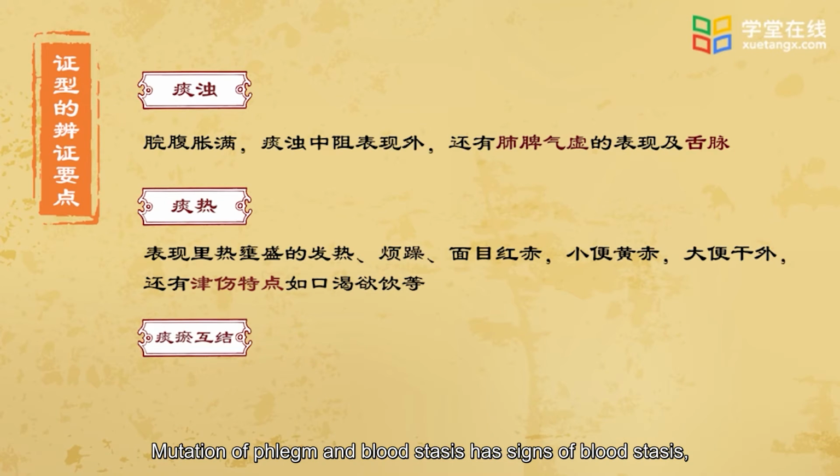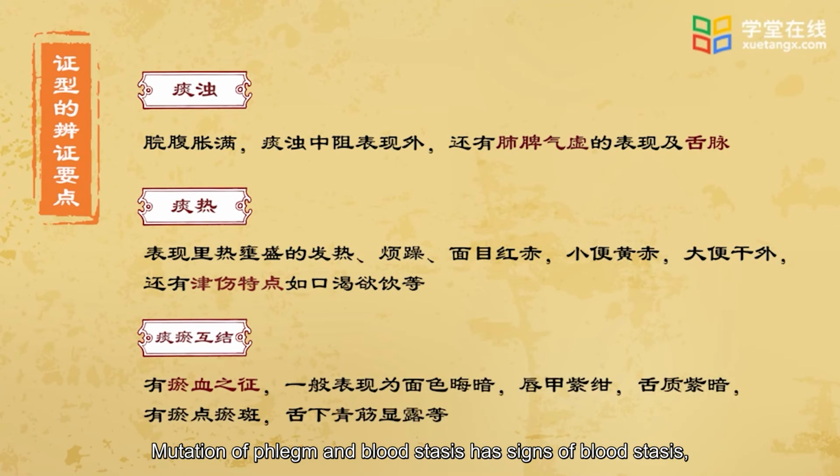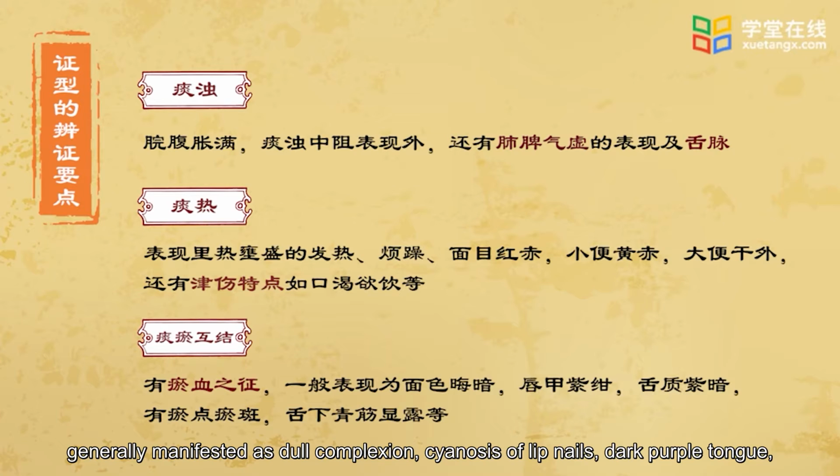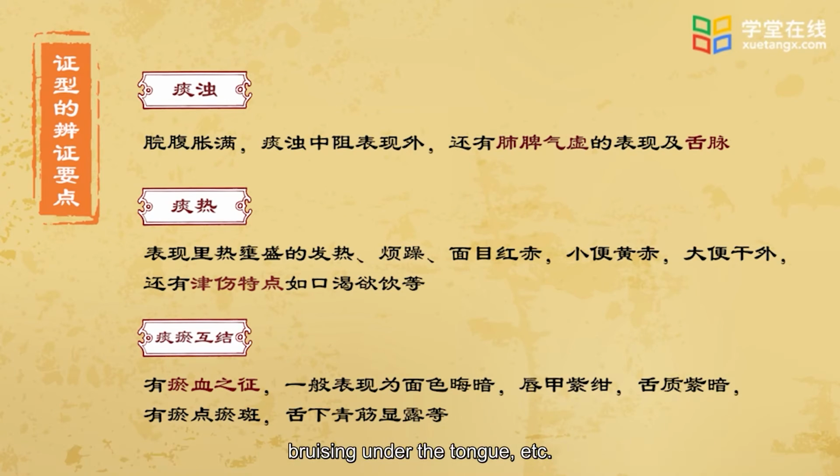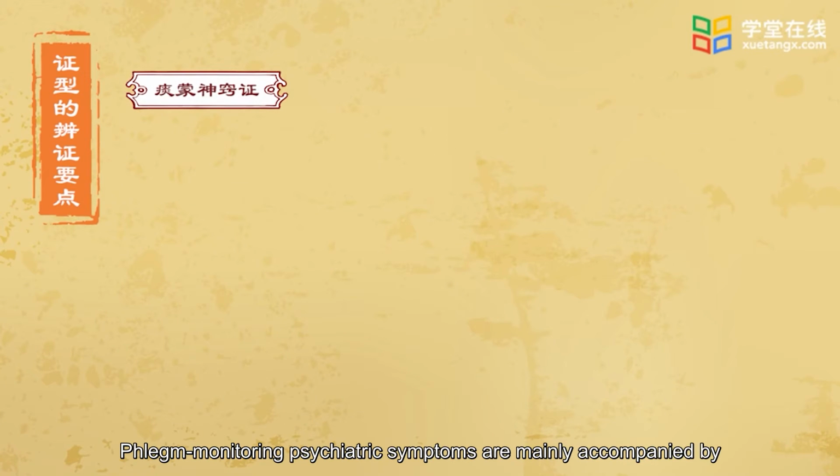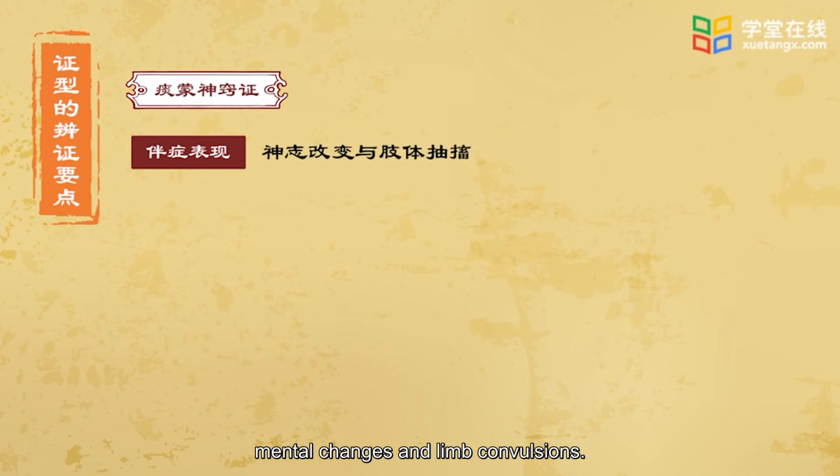Mutation of flame and blood stasis has signs of blood stasis, generally manifested as dull complexion, cyanosis of lip and nails, dark purple tongue, bruising under the tongue, etc. Flame affecting the mind has psychiatric symptoms, mainly accompanied by mental changes and limb convulsions.